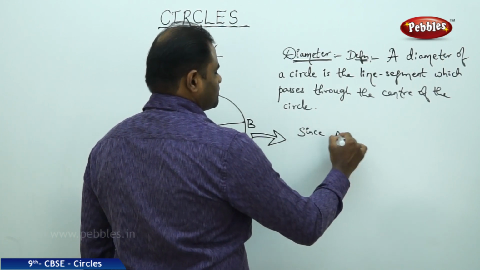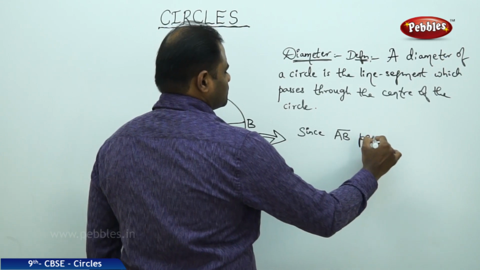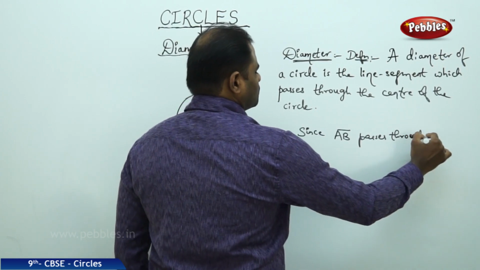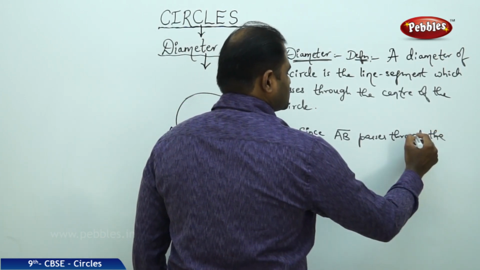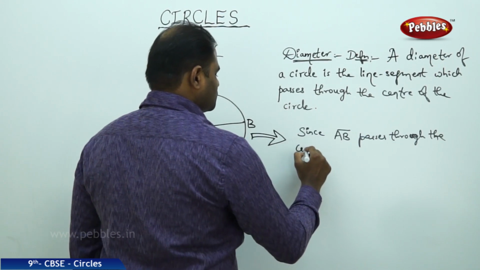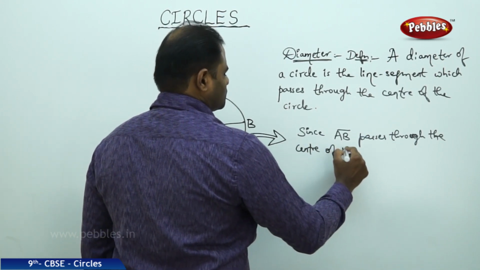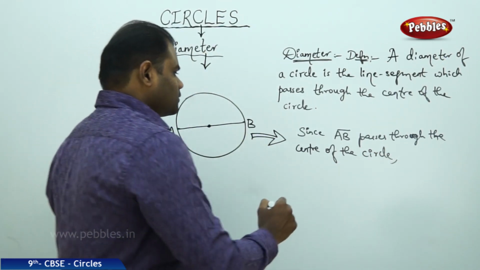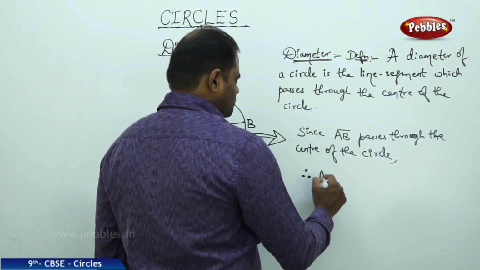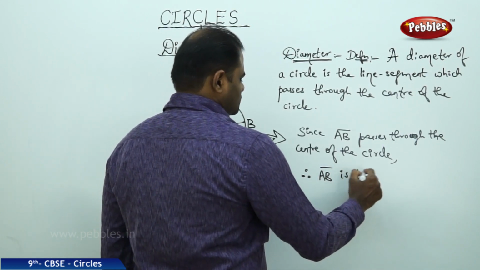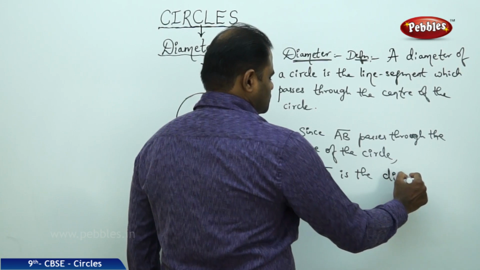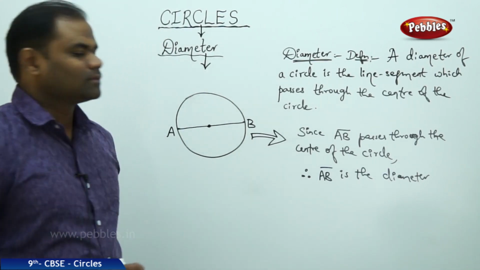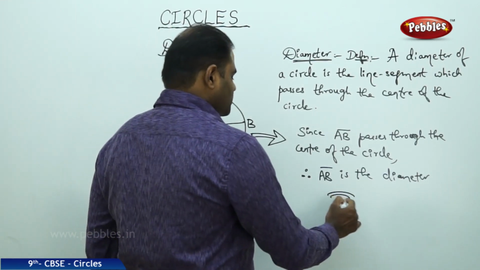So in this diagram, since AB passes through the center of the circle, therefore AB is the diameter, is how we conclude the diameter of the circle.